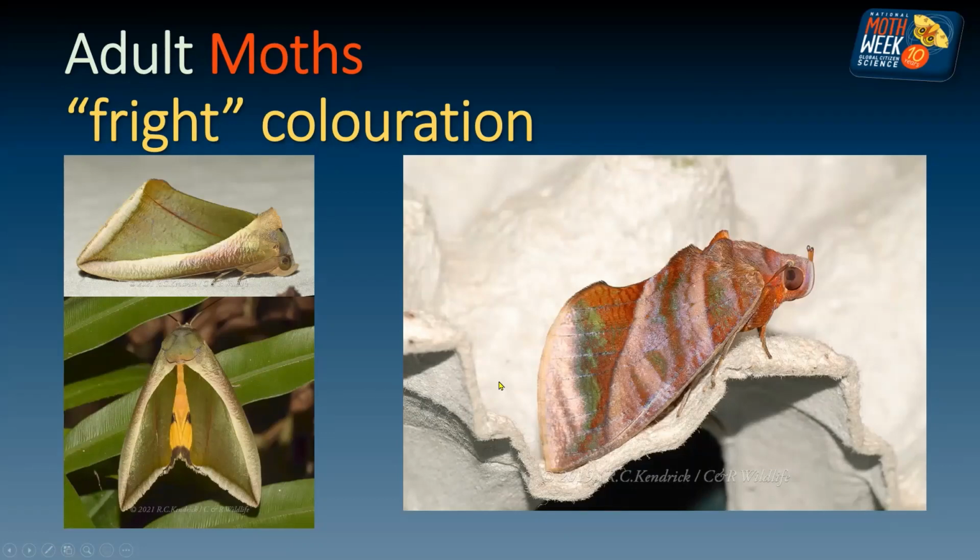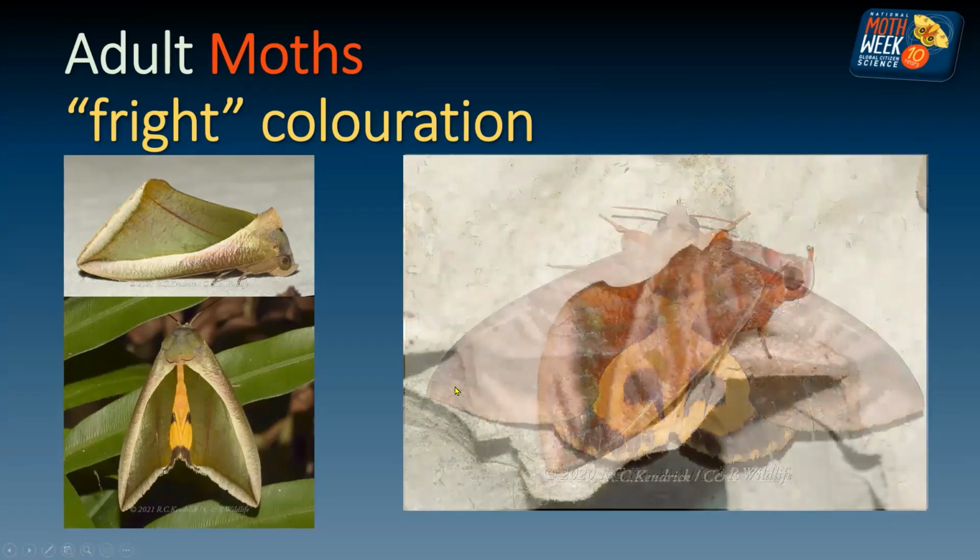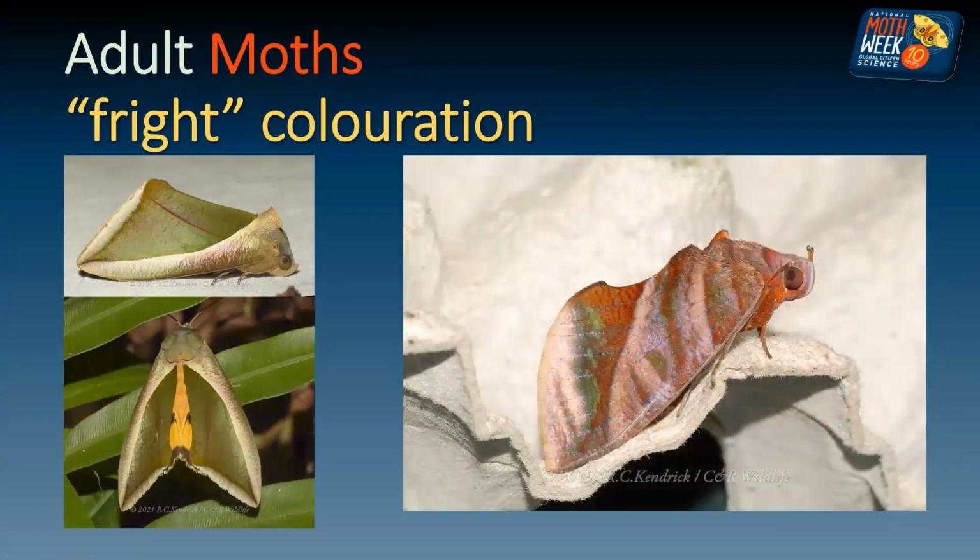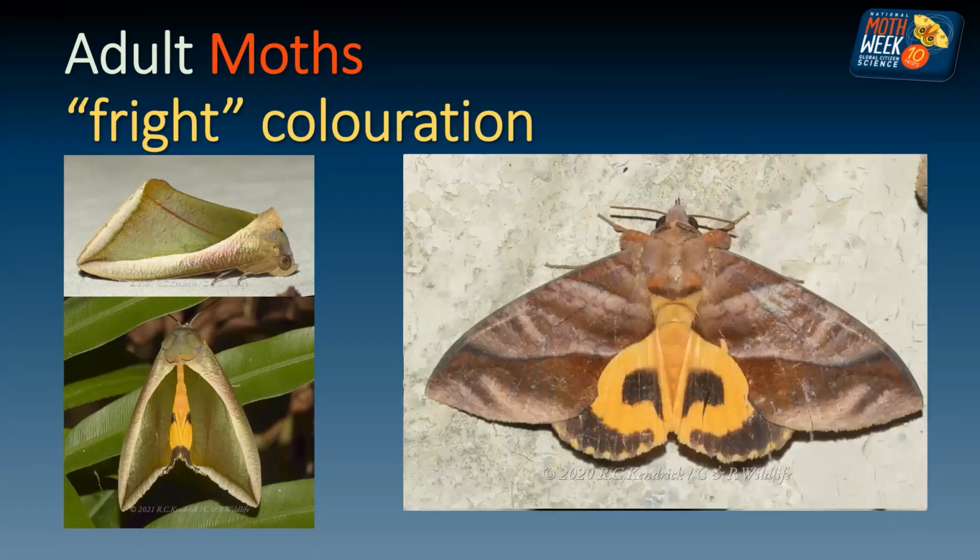The moth lifts up its forewing quickly, reveals the bright colored hindwing, gives whatever the predator is a bit of a scare, perhaps, at least time enough to think about what's going on, and in that time the moth makes its escape.